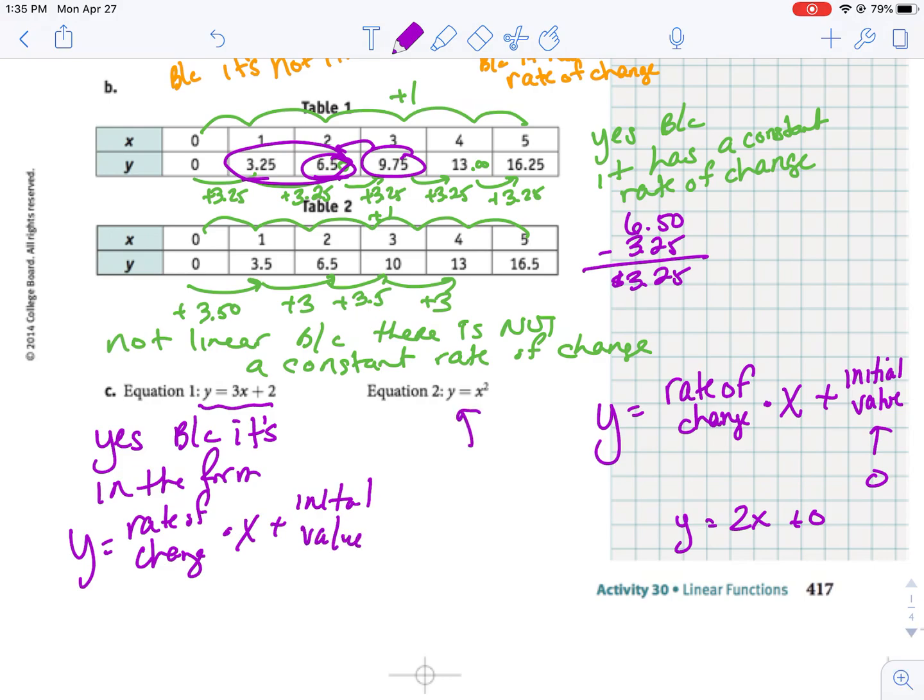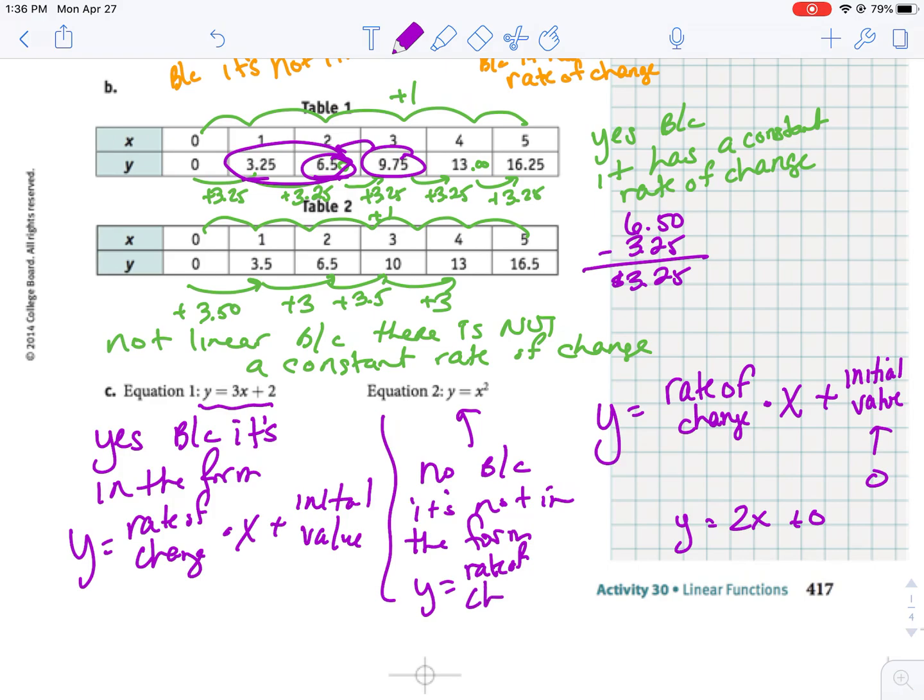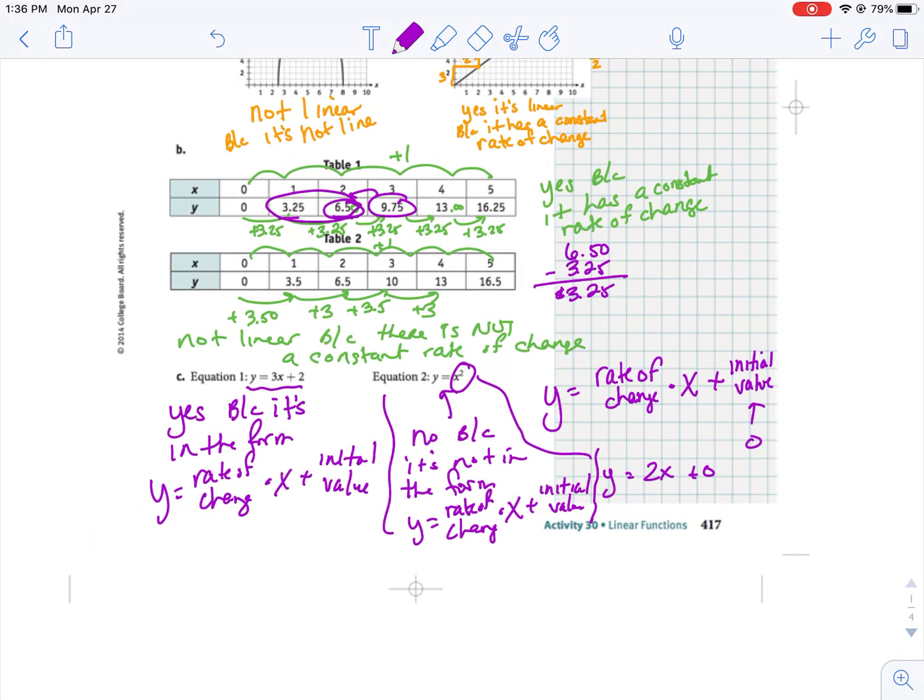Okay, and then if we look at equation number 2, we can say no, because it's not in the form y equals rate of change times x plus the initial value. All right, so again, you're just looking for it to be in the form y equals rate of change times x plus the initial value. This one had a squared on it, so that is not even close.